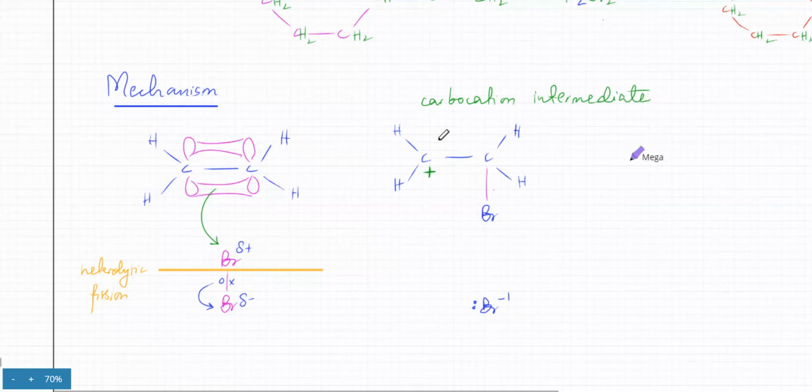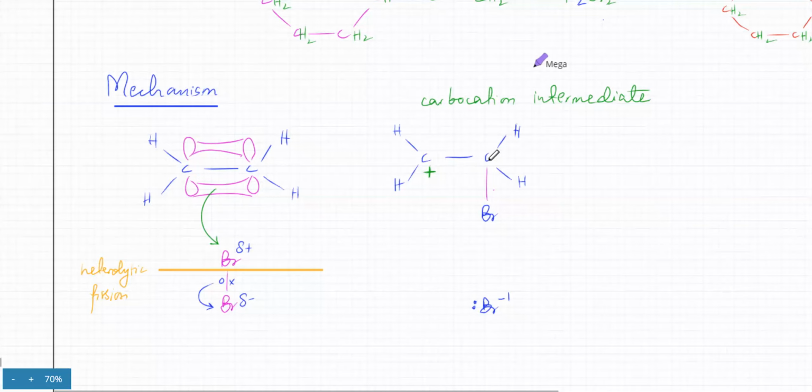Sir, why is there a positive charge here? Well, focus on this. The Br positive was taking electrons from the pi electron cloud, right? The pi electron cloud, there was 1 electron of this carbon atom as well, right? So when it pulled the electrons away from the pi electron cloud, it pulled both of the electrons. Exactly.